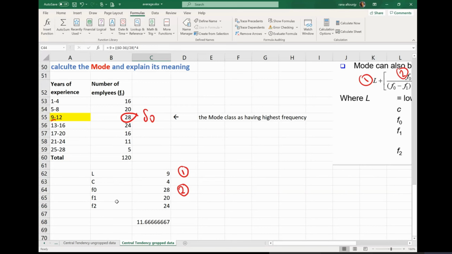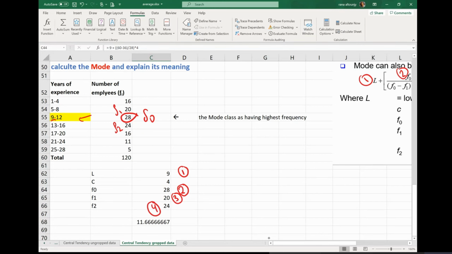Then we need to calculate F1. F1 is the frequency of the class before the class containing the mode, which is 20. Then we need to calculate F2. F2 is the frequency of the class after the class containing the mode, which is 24. This is number 4.